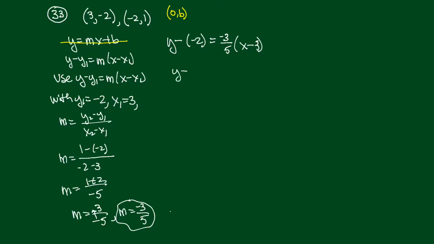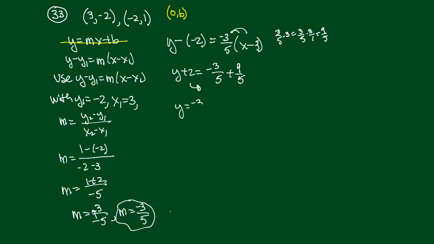So we will get y plus 2 equals, now let's take this through. We'll get negative 3/5, and the negative is positive. Now, what are we doing here? We're taking 3/5 times 3, which is 3/5 times 3 over 1, which is 9/5. Right, so we get plus 9/5. We're almost there. Let's subtract that too.